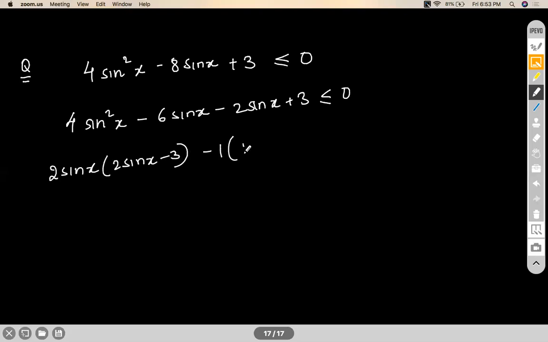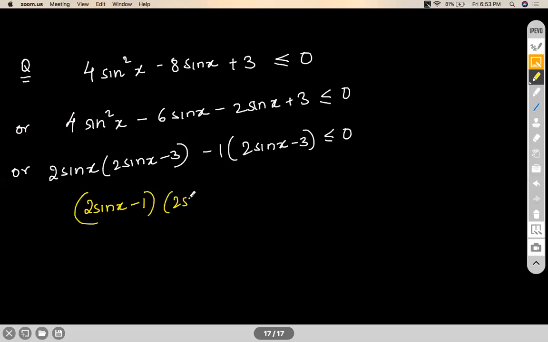Let's take minus 1 common, again 2 sin x minus 3. So this becomes 2 sin x minus 1 times 2 sin x minus 3 less than equal to 0. Now let me tell you, this quantity will always be negative.